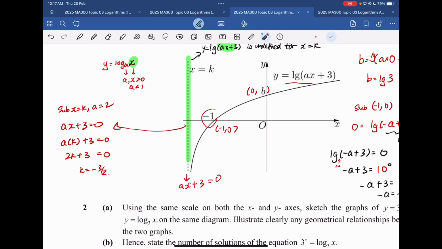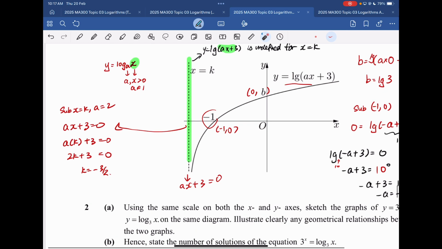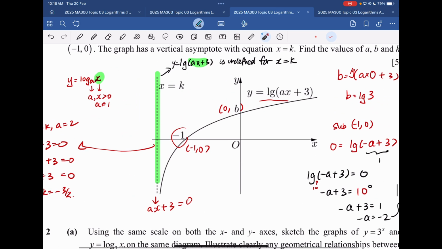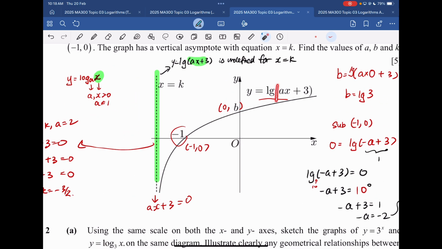I say again. Okay, so I know that for my log function to be defined, this part has to be more than 0. Agree? So when ax plus 3 equals 0, am I right to say the function is not defined?